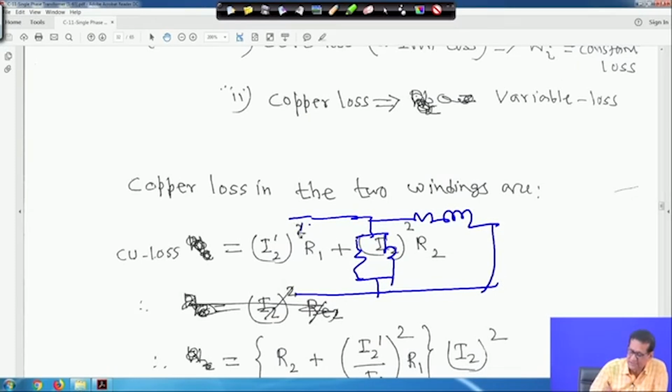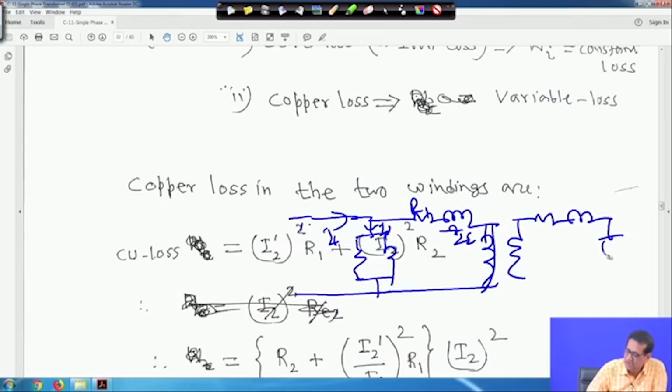This side is the primary side, and here you have R1 and X1, the primary side winding, and then the secondary side winding. Because of space constraint, this side is the primary side. This is the current I1, this is the current I0, and this side current is I2 dash. This is my primary winding with R1, and my secondary winding is this one. This side is R2, this is X2, and here the load is there. Current flowing through R2 is I2.